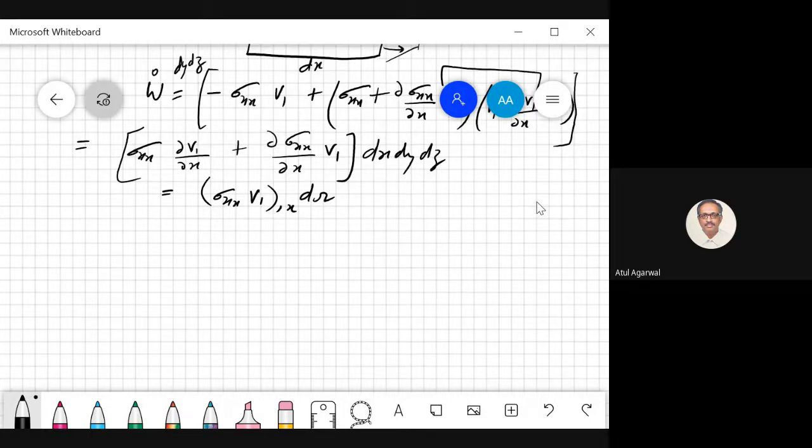So you can replace the entire work done by this term due to your stress tensor and velocity. And there is another heat flux vector.